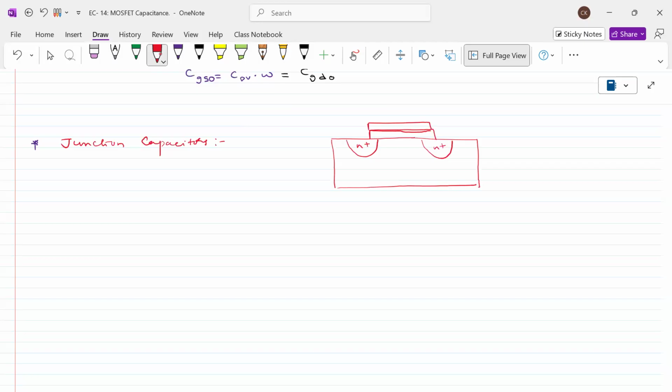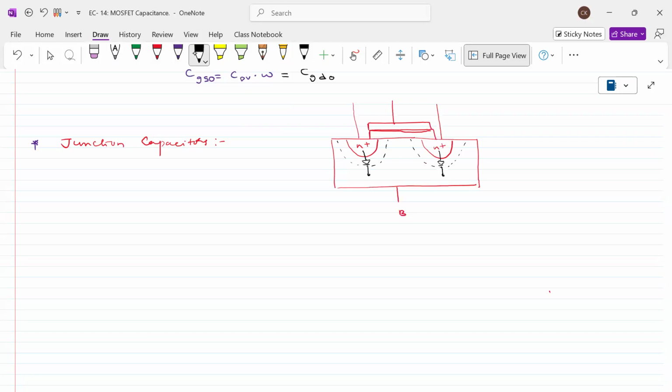Oxide is inside of it. Therefore this capacitance is actually from the body to this one. There is a body, so body to source and drain to body. This is the junction capacitance available here.